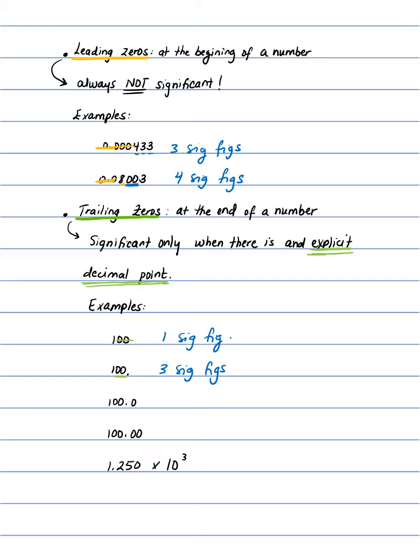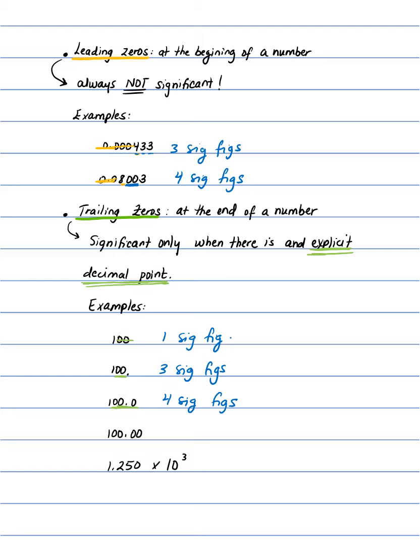The ones before the decimal, the one after the decimal point. All of them are significant because you have an explicit decimal point. So you have four significant figures in that number. The 1, and then your three trailing zeros that are significant because you have an explicit decimal point.